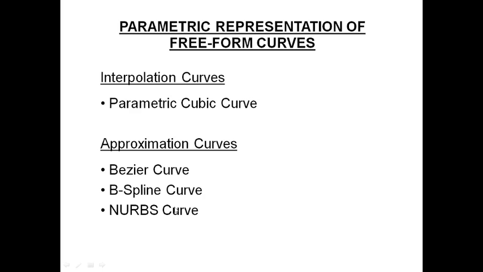And there are free-form curves which we will be discussing in this course. You have the parametric cubic curves, also called Hermite curves, and there are approximation curves like Bezier, B-spline, and NURBS curves that we will be discussing. Thank you.